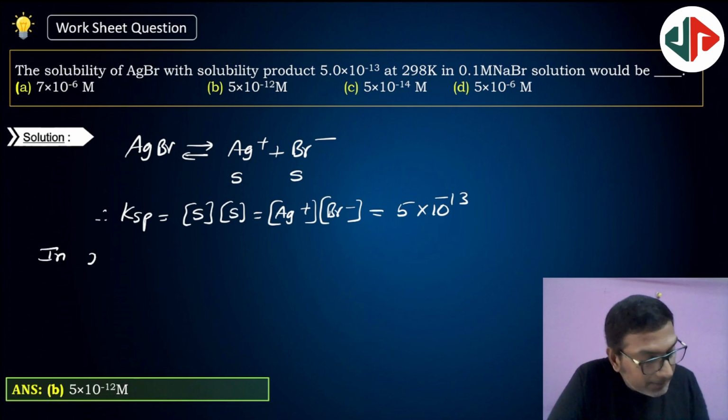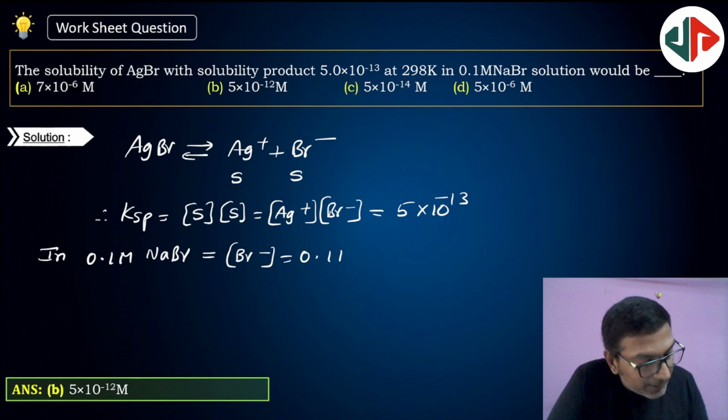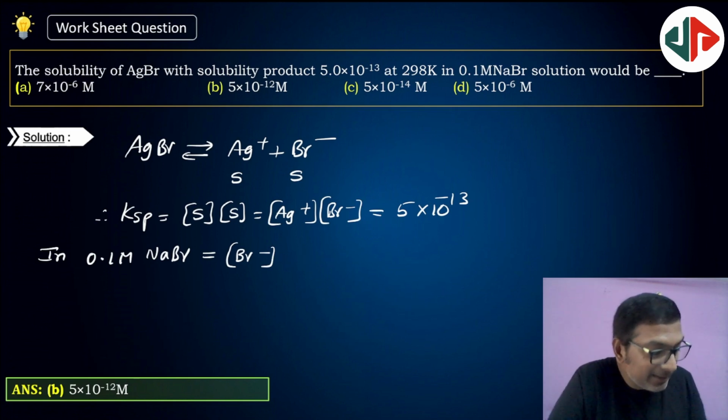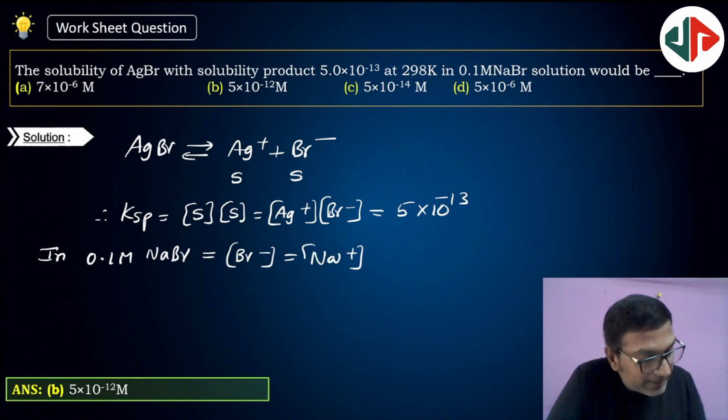So in 0.1 molar NaBr, Br- concentration is 0.1 molar, as well as Na+ concentration also the same.